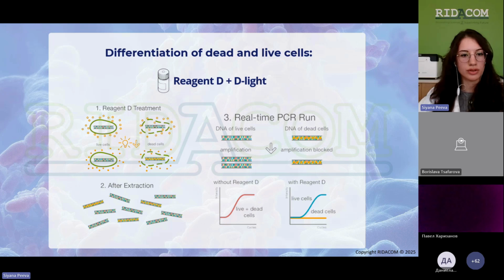And it blocks the amplification of the DNA of the dead cells. So after extraction and during amplification, we have amplification of the DNA of the live cells, but not of the dead cells. So we have the different results here. If we don't use reagent D, we don't perform the differentiation of live from dead cells. We have the added result of live and dead cells, but we cannot know what part of the result is from the live and from the dead.